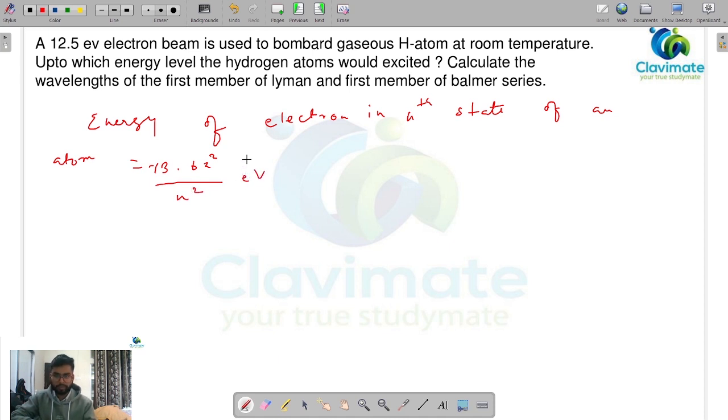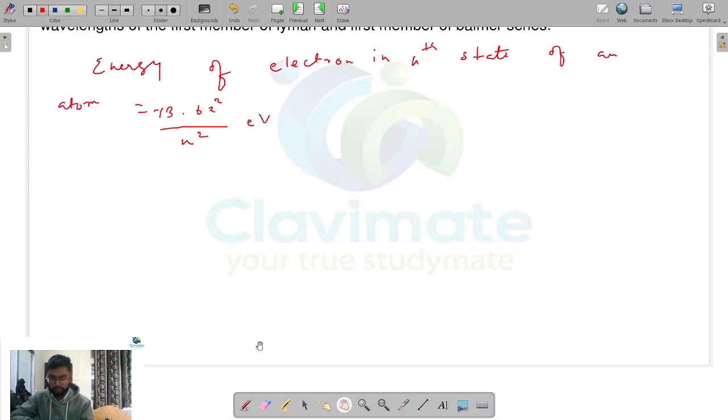Now here Z is our atomic number, as we all know, and for hydrogen Z is equal to 1. So now let's calculate the energy required to excite an atom from initial state to final state.